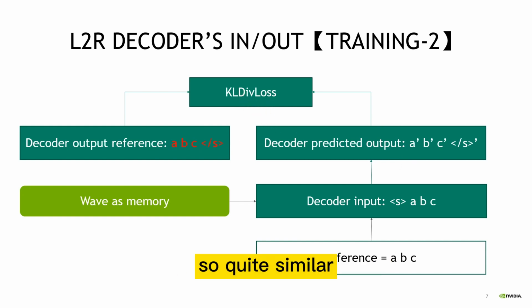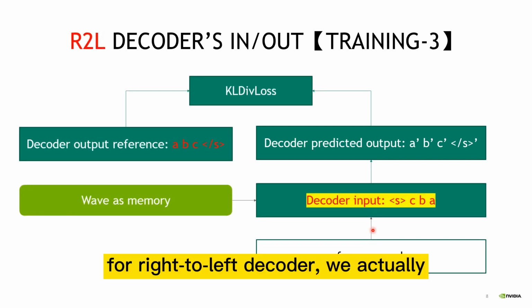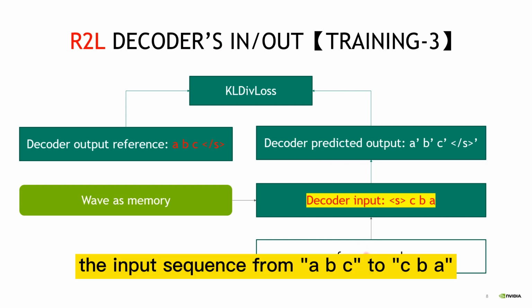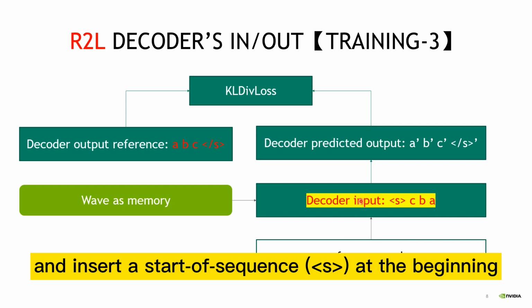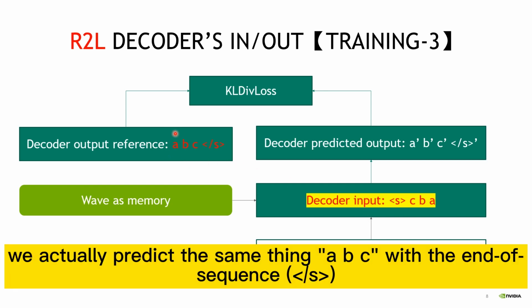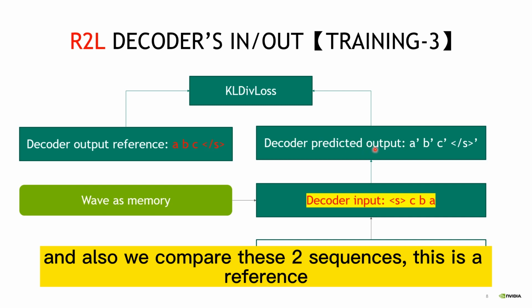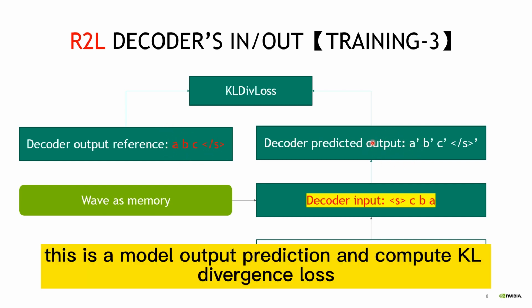It is quite similar for the right-to-left decoder: we reverse the input sequence from ABC to CBA and insert start of sequence at the beginning. We predict the same thing, ABC with end of sequence, and we also compare these two sequences. This is the reference, this is the model output prediction, and we compute the KL divergence loss.